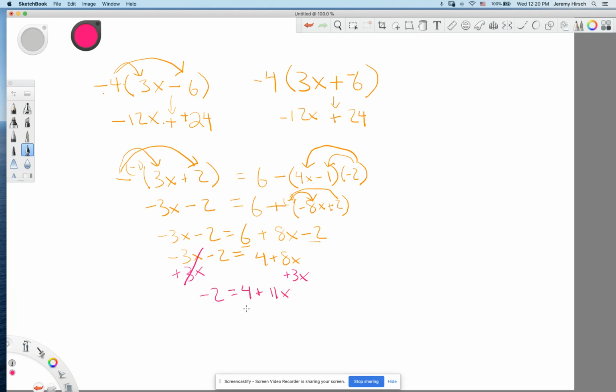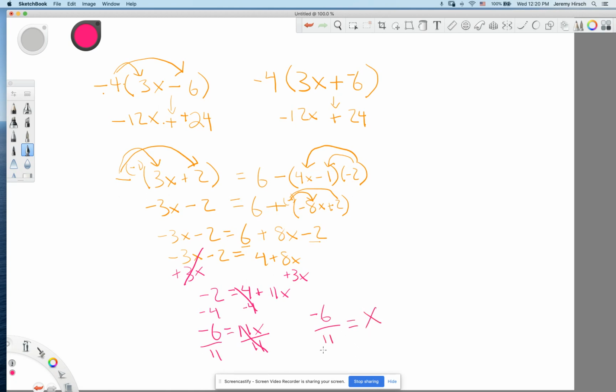Now it's a two-step equation. Subtract 4 from both sides. Negative 6 equals 11x. Divide by 11. Then we have negative 6/11 equals x.